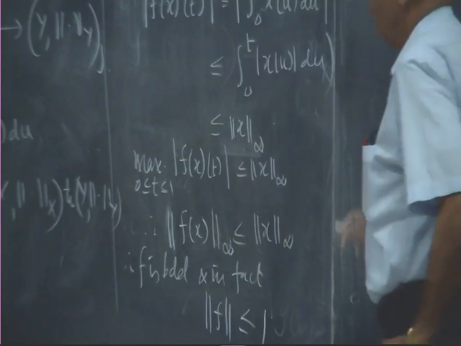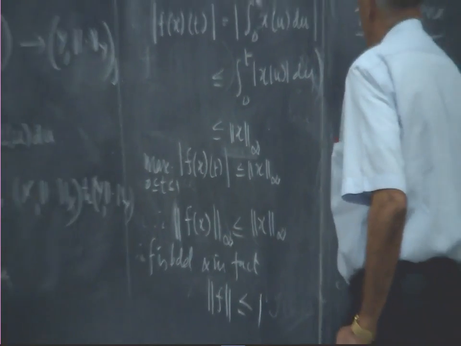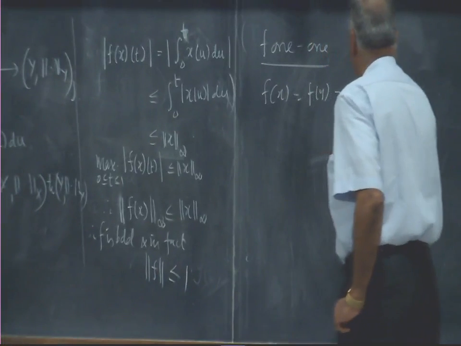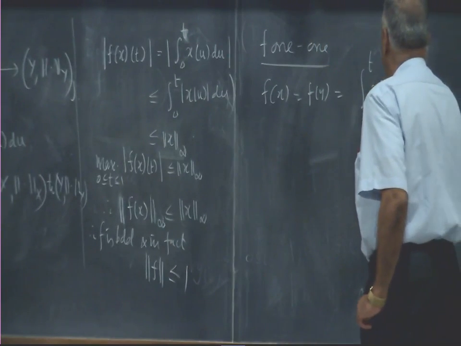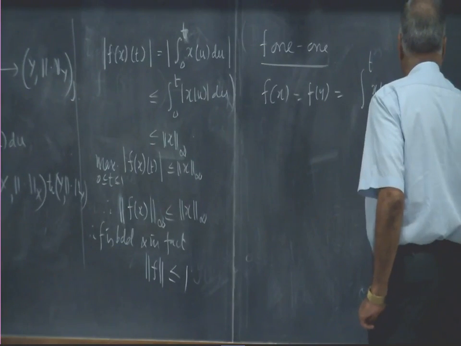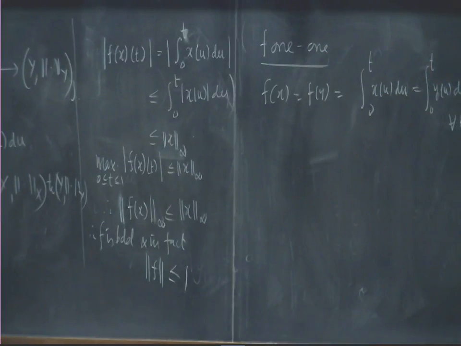Is it one-one? Well, f x equal to f y means the integral from 0 to t of x(u) du is equal to the integral from 0 to t of y(u) du for every t.